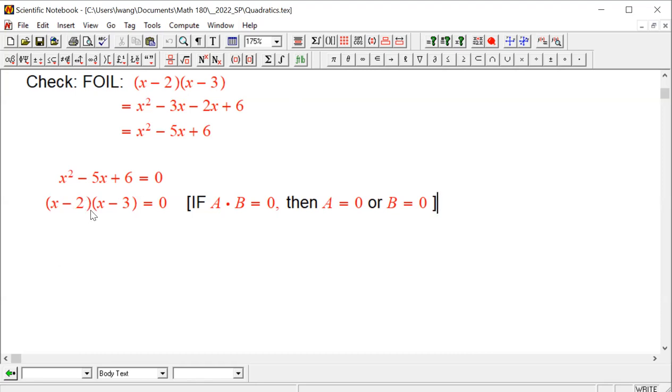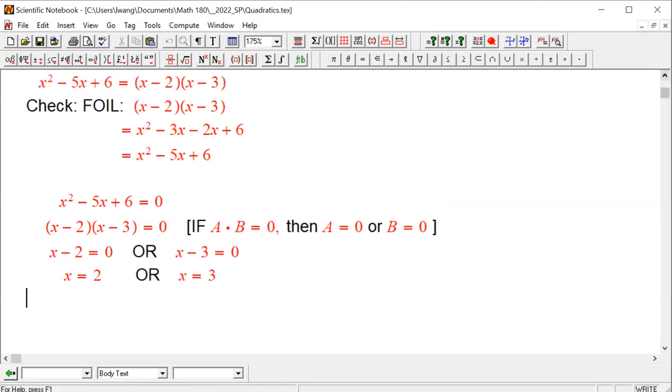We got A times B, so the next step is just saying, okay, X minus 2 equals 0, or X minus 3 equals 0. Next, X equals 2, or X equals 3. So the equation is solved.